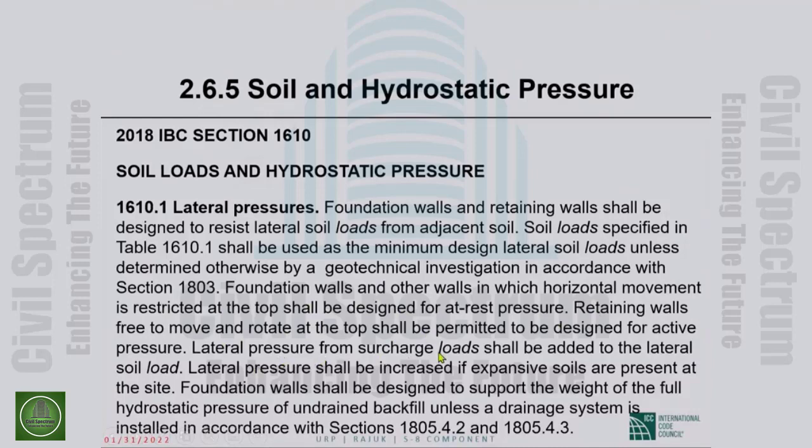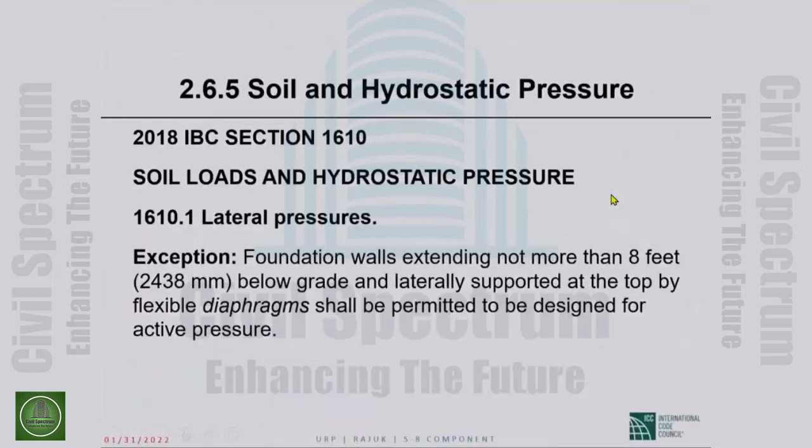Lateral pressure from surcharge loads shall be added to the lateral soil load, as BNBC says. Lateral pressure shall be increased if expansive soils are present. Foundation wall shall be designed to support the weight of the full hydrostatic pressure of undrained backfill unless a drainage system. Okay, those details I will not go into.